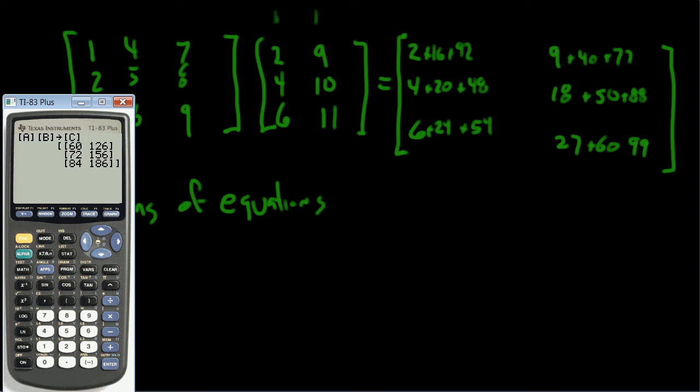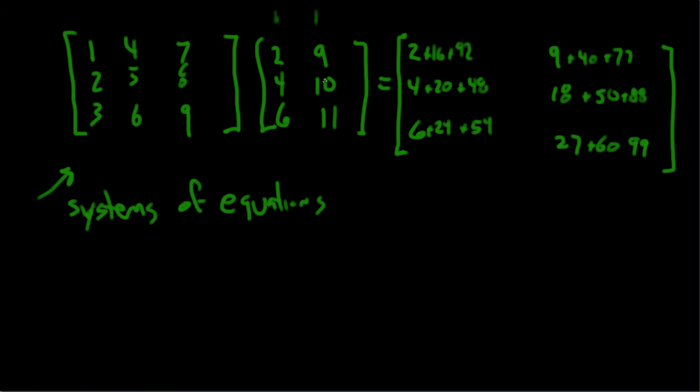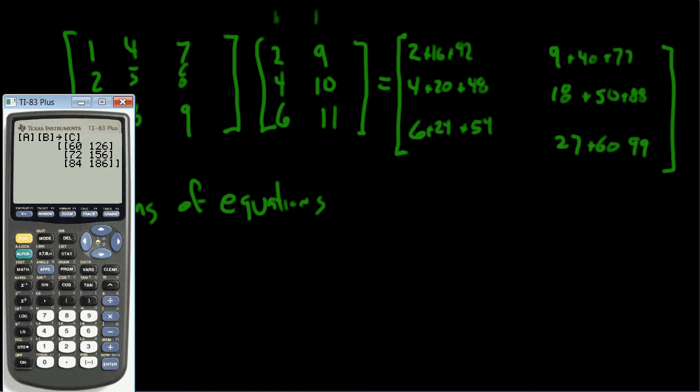1 times the first row, which is 2 and 9. 4 times the second row, which is 16 and 40. And 7 times the third row, which is 42 and 77, which is just my bad handwriting. 42, 16, and 2.